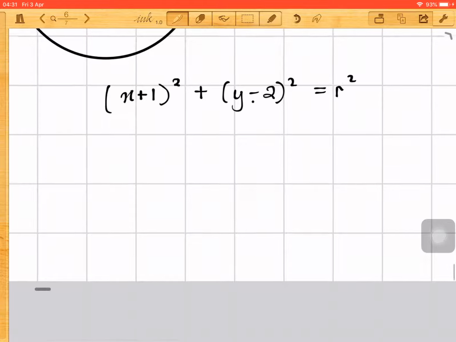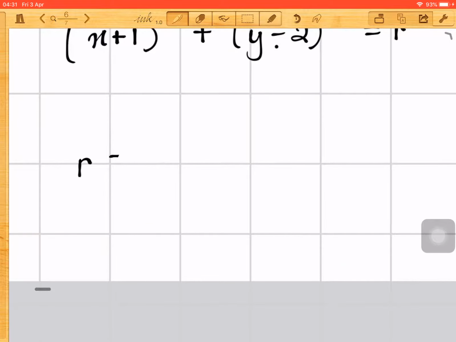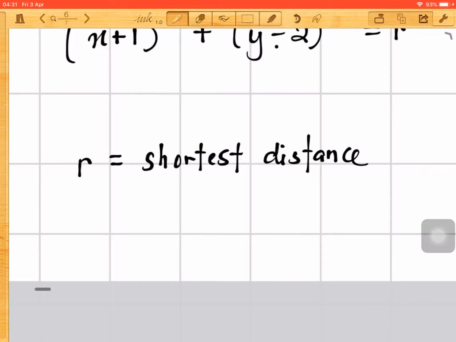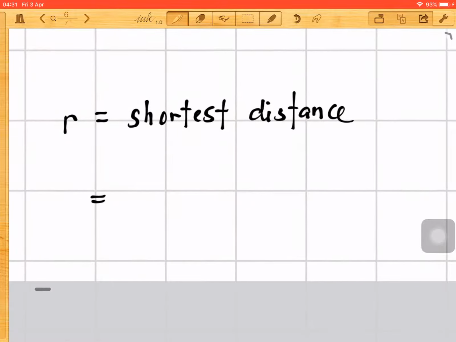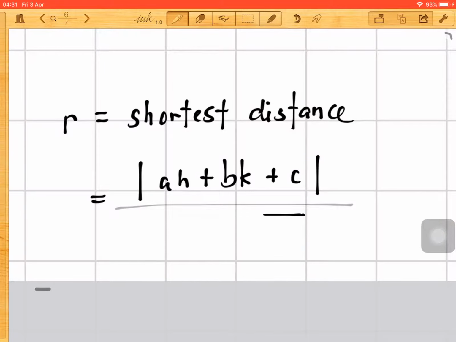The formula for the shortest distance, let's call it r, the shortest distance, is modulus of AH plus BK plus C over square root of A squared plus B squared.